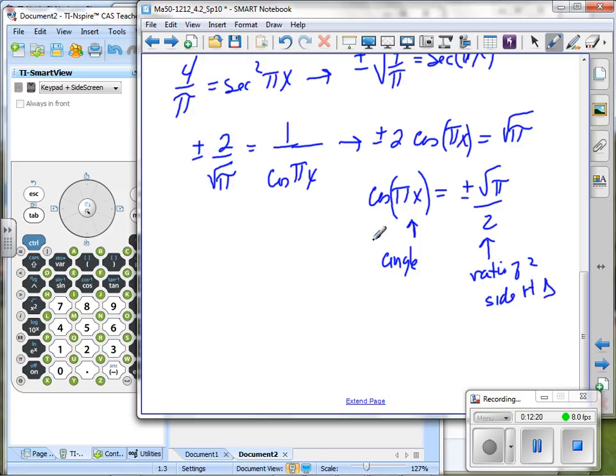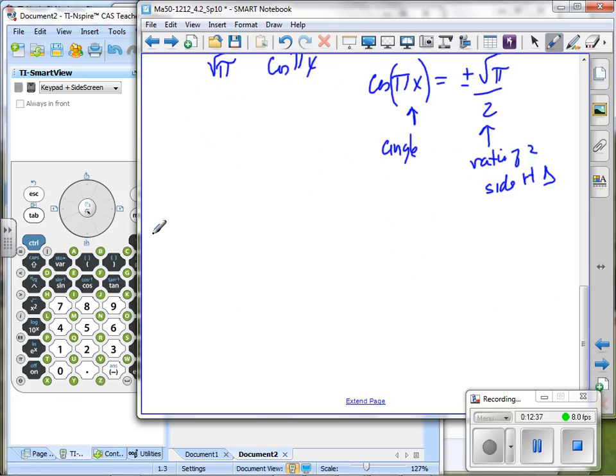Now I've got to get inside the input here. In all of mathematics, if you want to get inside the input, you have to use the inverse function. So we'll use the inverse function of cosine, which is known as arc cosine.